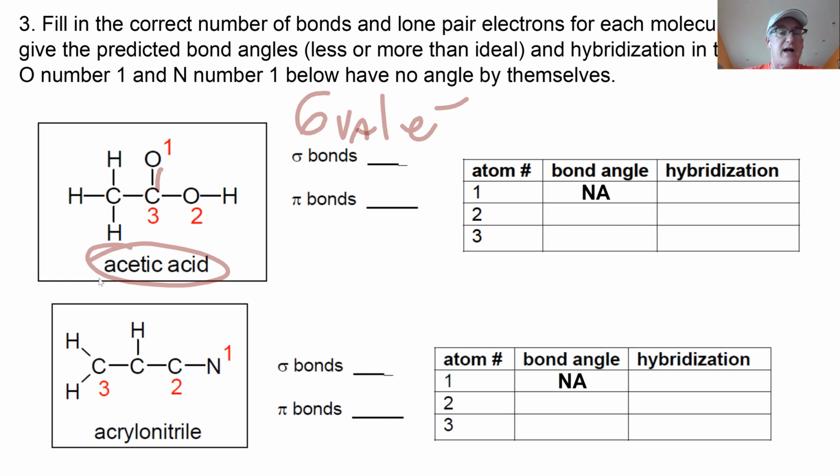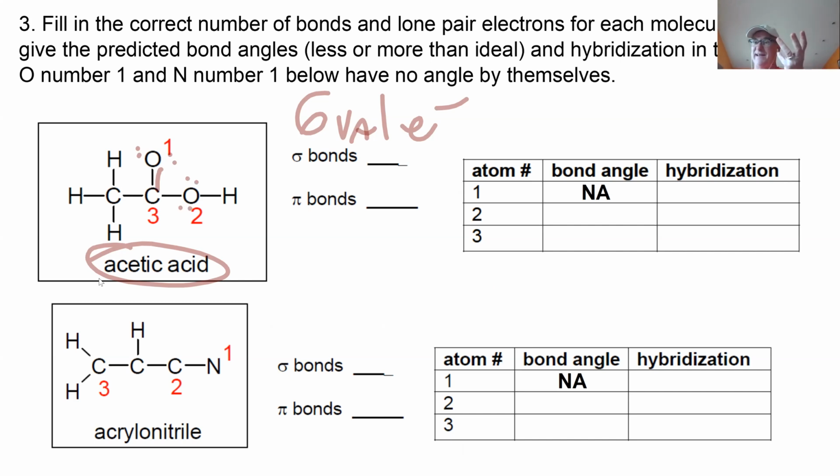That's good. So how many more lone pairs is that oxygen going to need? 2 more lone pairs, right? 2 there, 2 there. What about oxygen number 2? Two more lone pairs. Yep.